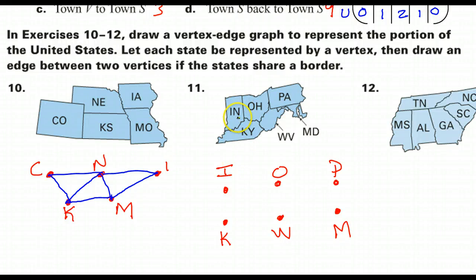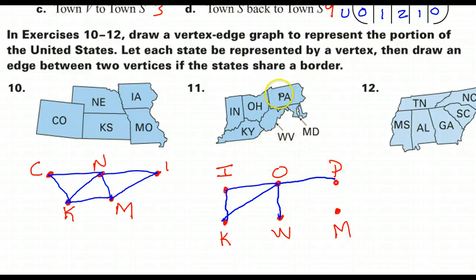All right, Indiana shares a border with Ohio and Kentucky, and that's it. Okay, Ohio shares a border with Indiana and Kentucky. Okay, and West Virginia. And Pennsylvania. Okay, but not Maryland.